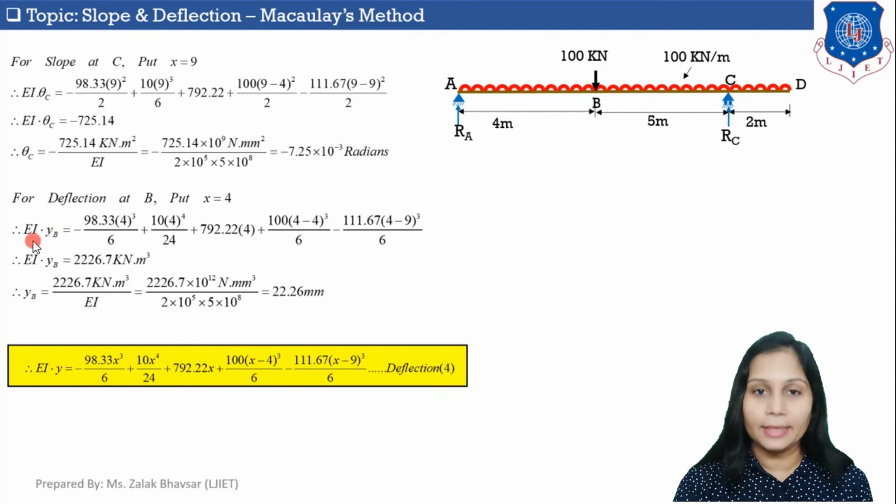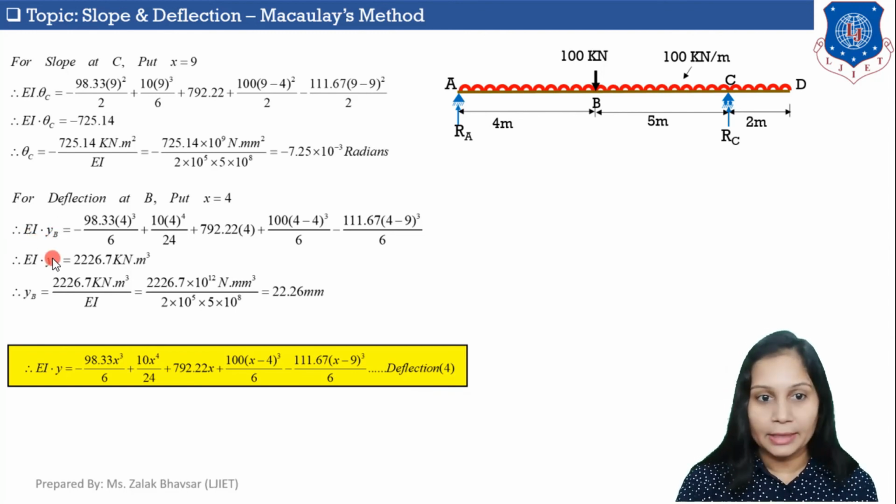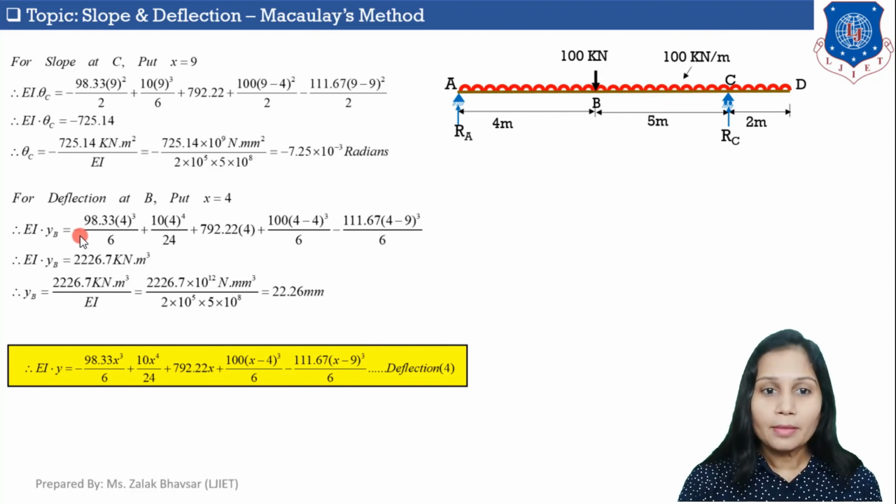So we get EI YB, the deflection at point B, is equal to minus 98.33.